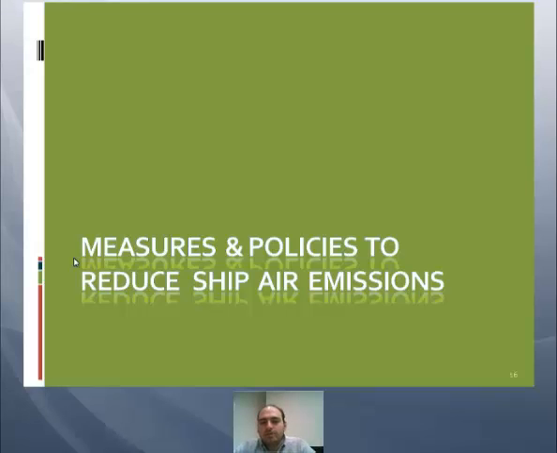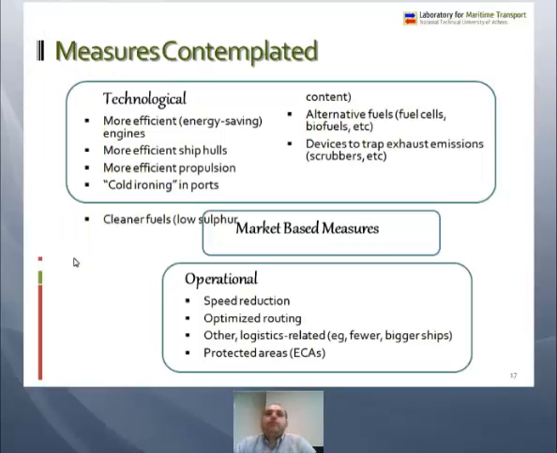Let me first present some measures and policies to reduce ship emissions. There are various measures that can be used to reduce emissions. Technological measures like having more efficient and energy-saving engines, more efficient ship hulls, more efficient propulsion, using so-called cold ironing in ports, and using alternative fuels, for example, fuel cells and other measures.